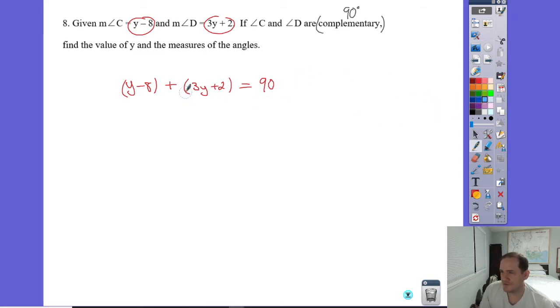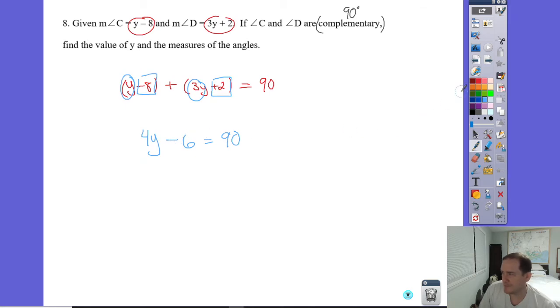So we've got our equation, and again, to solve it, the first thing we should be doing is combining like terms. So I see a y plus 3y's, that's going to give me 4y's. Well, now I see a negative 8 plus a 2, and negative 8 plus 2 would be negative 6. So I've simplified this part of the equation.